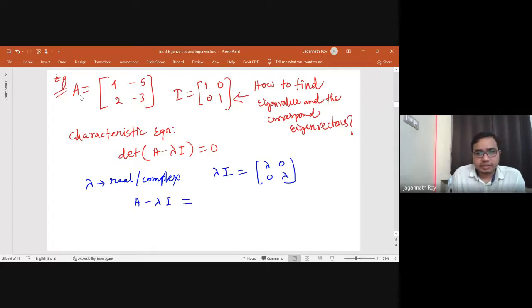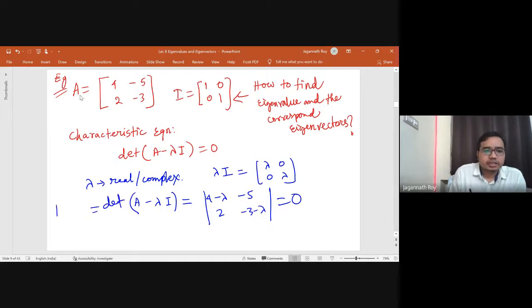It is 4 minus lambda, minus 5, 2, minus 3 minus lambda. Now if you take the determinant, it becomes 0. So this is our characteristic equation for this particular matrix.